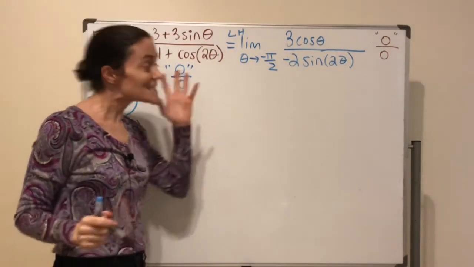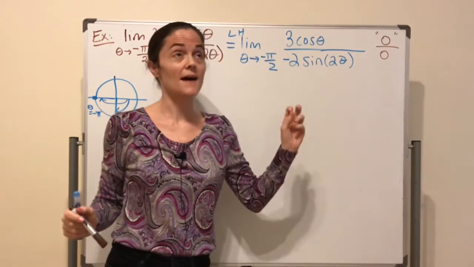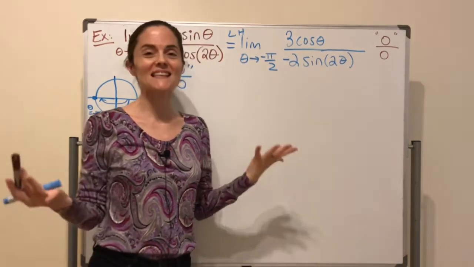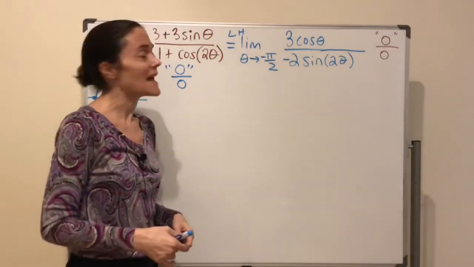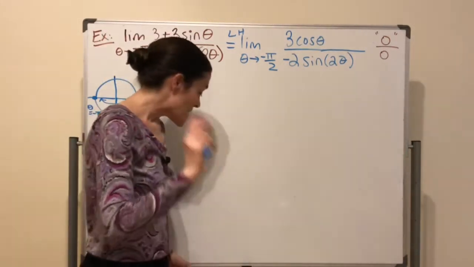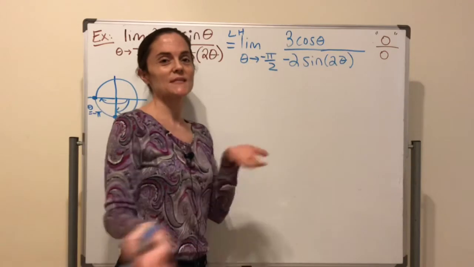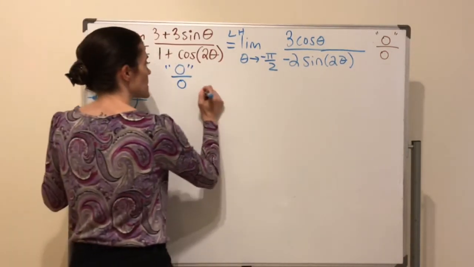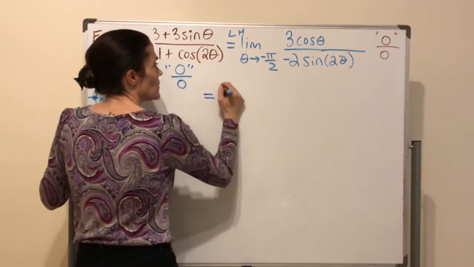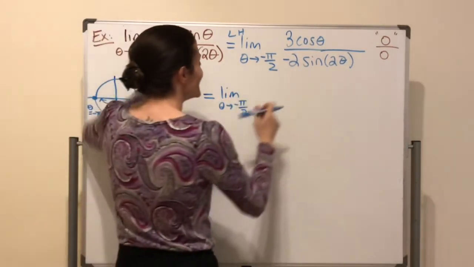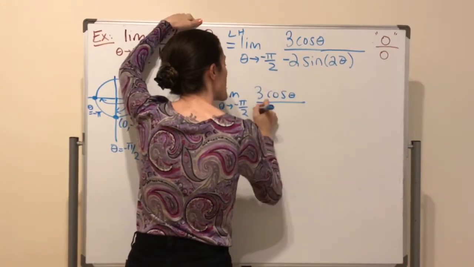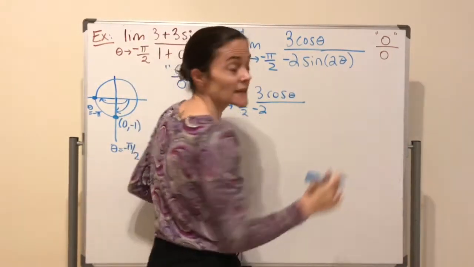Now, this one is quite cool. I see two options. One, use L'Hopital a second time, and maybe I will show that. But option two would be to use a trig identity. So let's first use a trig identity. This would be 3 cosine theta divided by minus 2 times the sine of 2 theta.